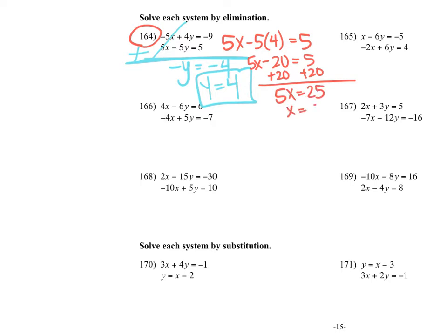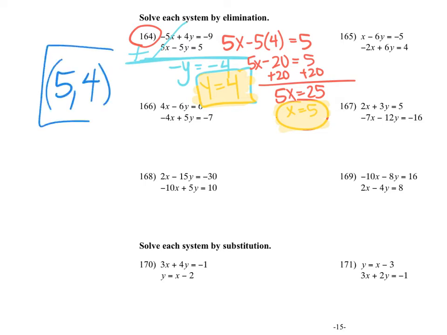So x equals 5. So now I have my two answers. I have y equals 4 and x equals 5. And the best way to write the solution of these two equations is in coordinate form. So since my x is 5, I'm going to do 5, comma, 4, and that is my answer.